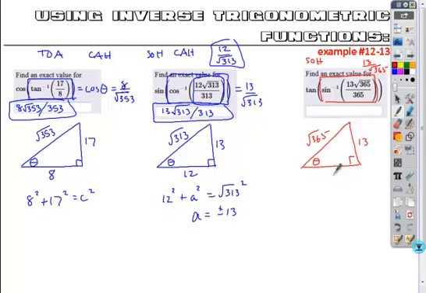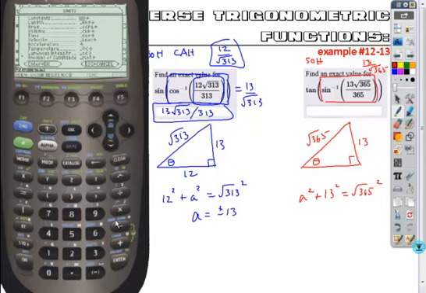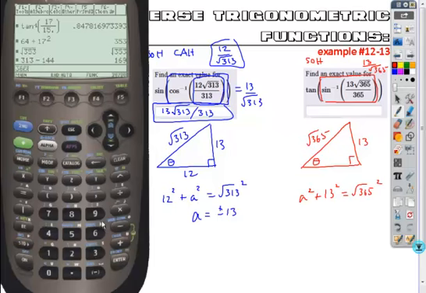I can use the Pythagorean theorem to solve for my missing side. So I have a squared plus 13 squared equals root 365 squared, which will cancel that radical. And so if I calculate 365 minus 13 squared, or 169, gives me 196.